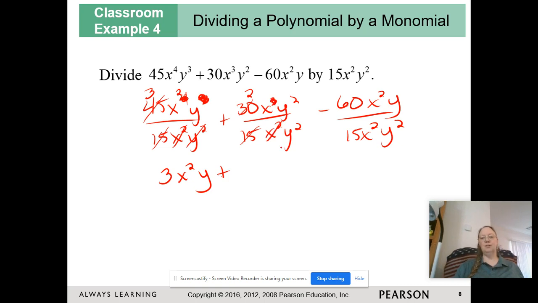I'm left with 1 on top. Cancel out both of them. So right now I have 2x. 15 goes into 60 4 times. Cancel out both x's. 1 of my y's, and I'm left with a y in the denominator.